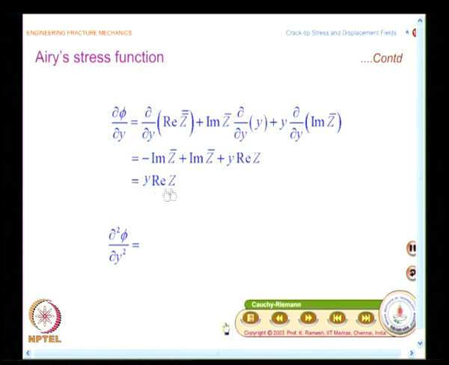So, I have y real part of z. So, you should use the chain rule while doing this. So, that is what is depicted carefully in the slide. So, I have this as real part of z dou by dou y of y plus y into dou by dou y of real part of z. Using Cauchy-Riemann conditions you can write, this turns out to be real part of z minus y imaginary part of z prime.